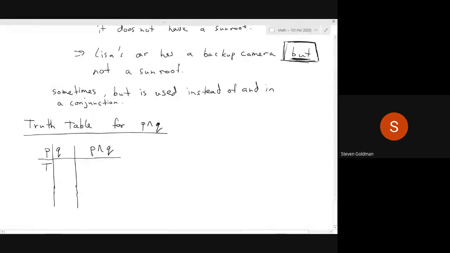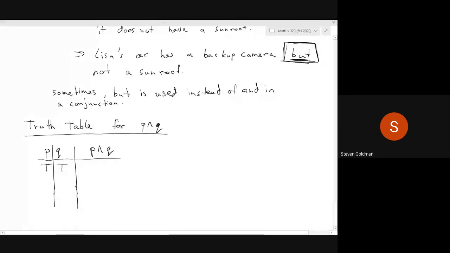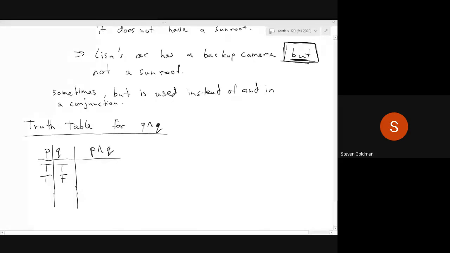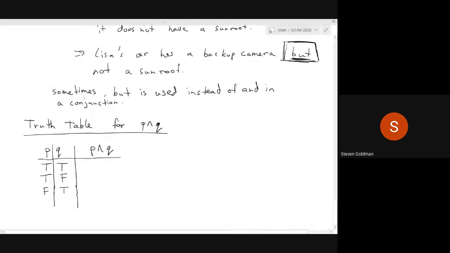Okay, so if I have two variables, a P and a Q, I really have four possibilities. Either they're both true, that's possibility number one, or they're both false, that's a second possibility, or P is true, Q is false, or P is false, Q is true. So I'm going to write out those four possibilities here. First possibility, they're both true. For the next, I'll write where P is true, but Q is false. For the third, I'll write where P is false, but Q is true. And the fourth possible case is where P is a false statement, and Q is also a false statement. Okay, they're both false. And we said before, a conjunction is only true when all of its parts are true.